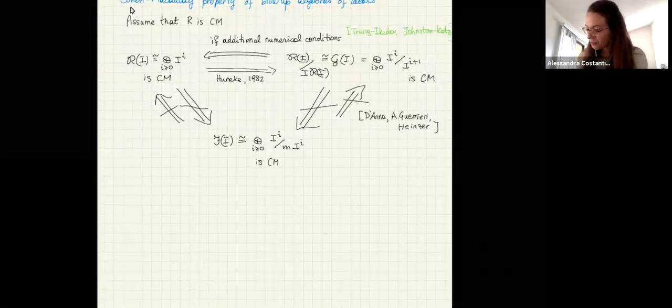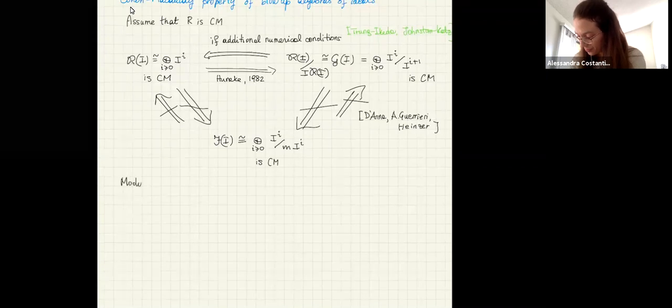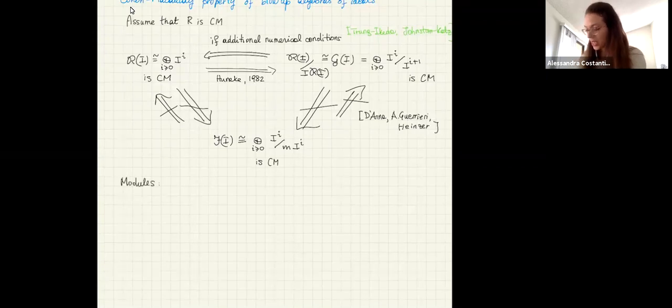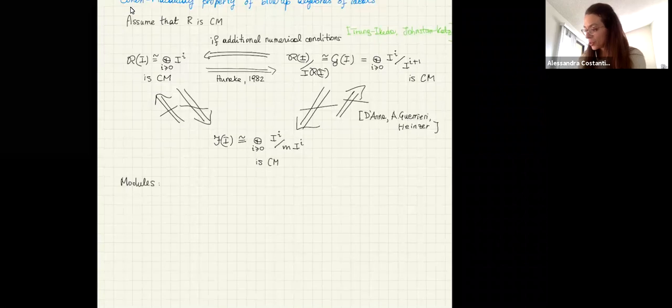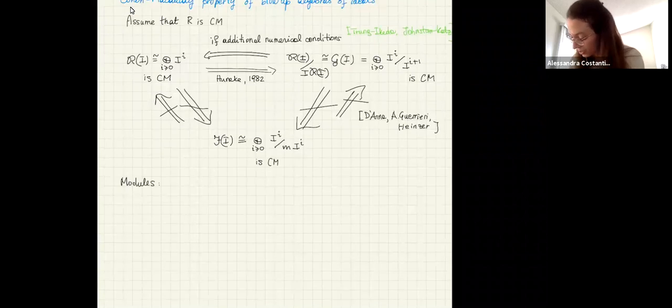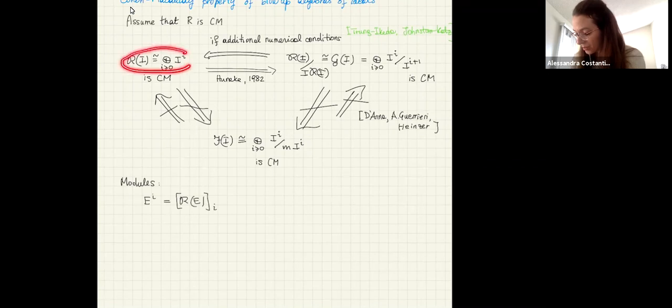And what happens with modules? So we have a big issue with modules. We can still define the power of a module. This is really defined to be the ith graded component of the Rees algebra, to mimic the definition in the case of ideals.